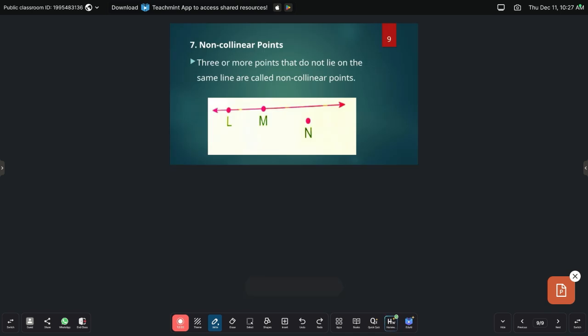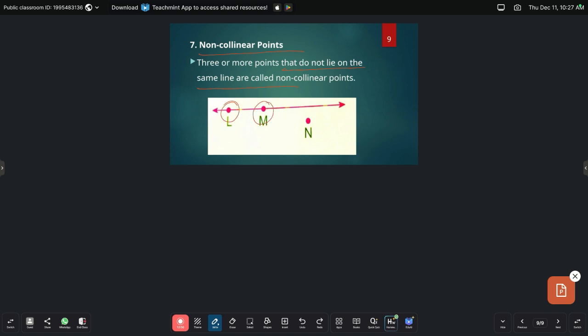The next one is non-collinear points. It is the opposite of collinear points. That means two or three or more points that do not lie on the same line are called non-collinear points. Observe the figure here.